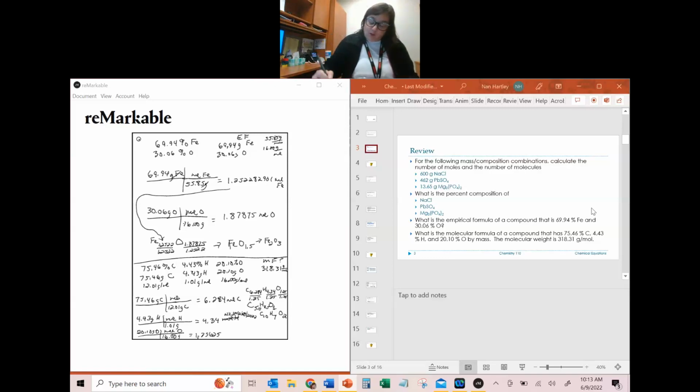My point is, I want to know what the molecular weight of this empirical formula is. So I take 12.01, which is the carbon, and I multiply that by 10.